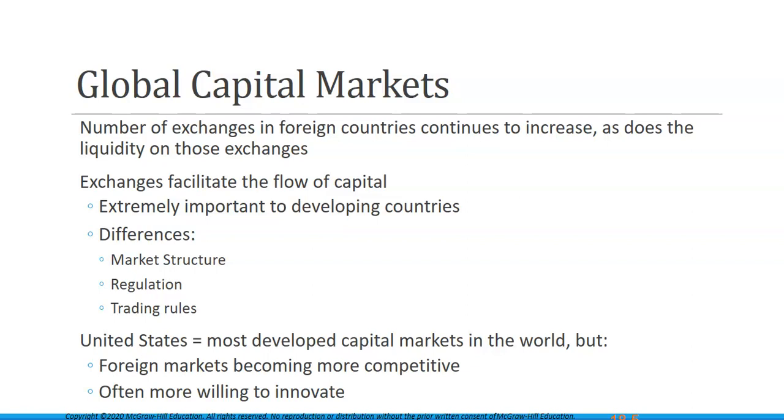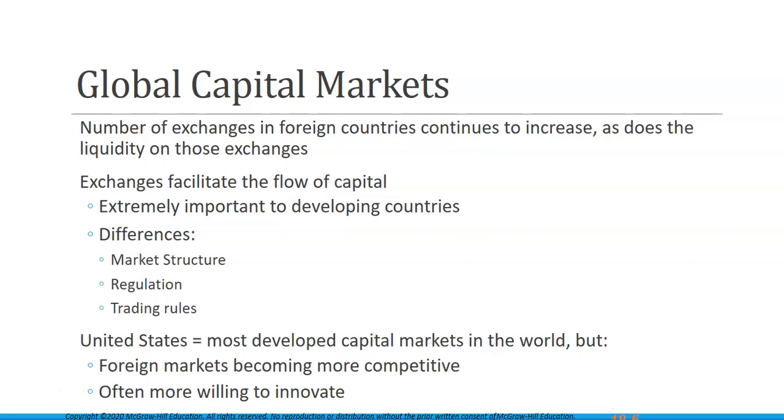There are differences between the different exchanges: how the market is set up, what the regulation of the market is, what kind of trading rules we have. We know that the US markets are regulated. We have the SEC that regulates our markets. We have rules coming down from Congress. There are different taxes and then different trading rules.